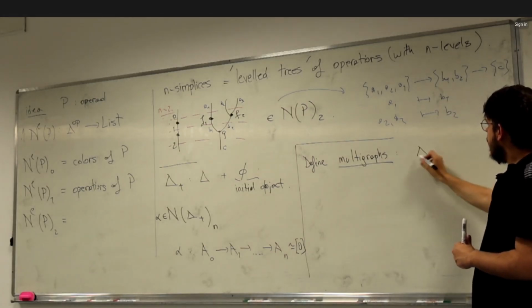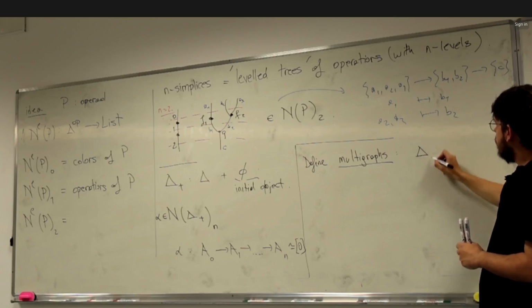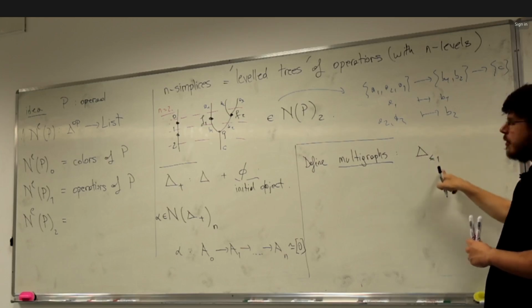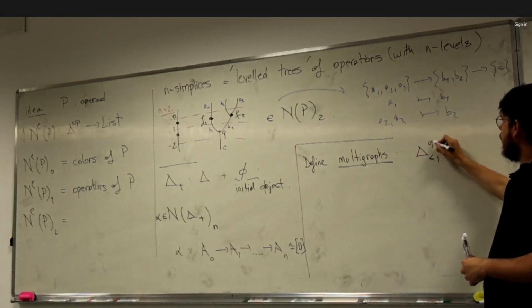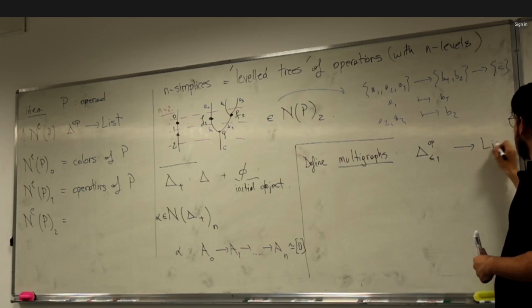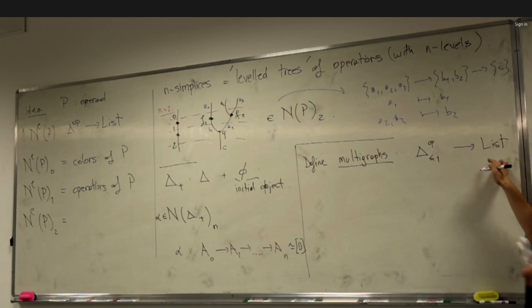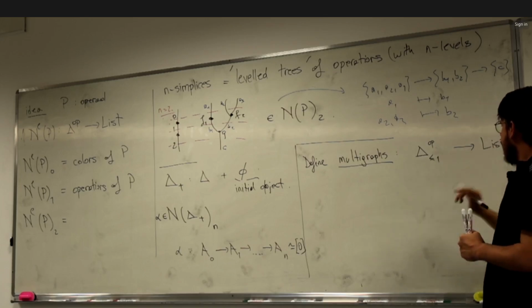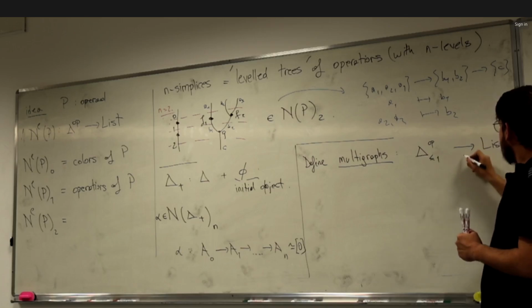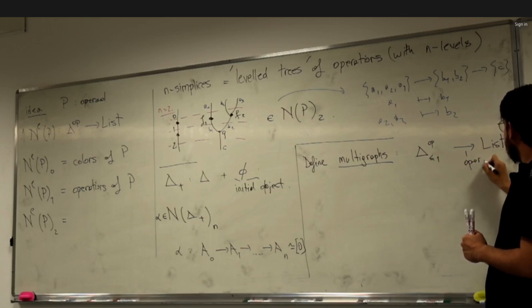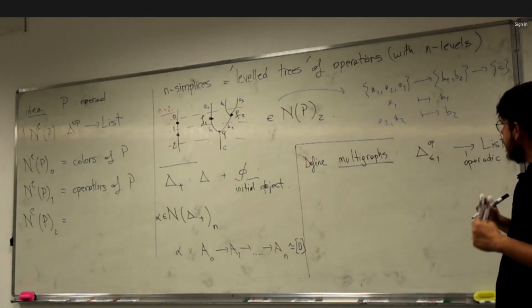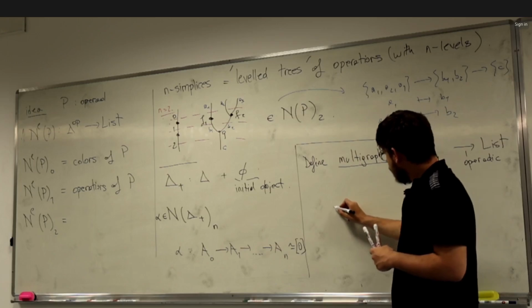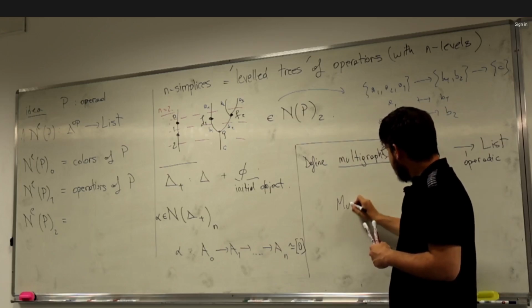And we define them as just, we truncate the category delta to have just 0 and 1, and we go to list. And we require this to be operatic.